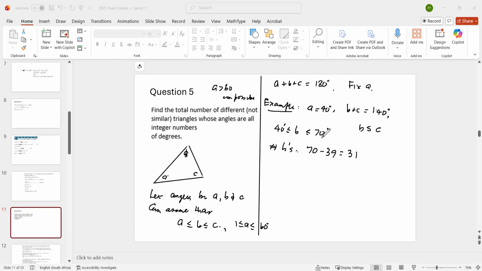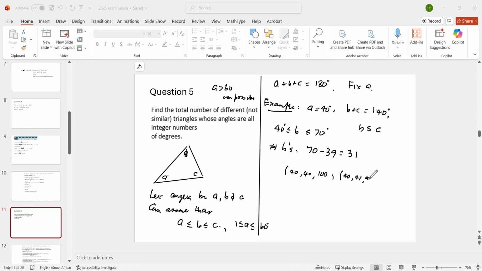So there are 31 possible values for B. For instance, the lowest value for B is 40. So you're going to have 40, 40, 100. And then the next value for B will be 40, 41.